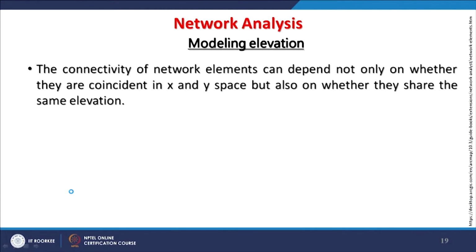Now, when we bring in the elevation part, meaning there are different levels, things become more complex. So, very briefly we will also discuss this part: the connectivity of network elements can depend not only on whether they are coincident in x and y space, that is in horizontal space, but also on whether they share the same elevation or not.